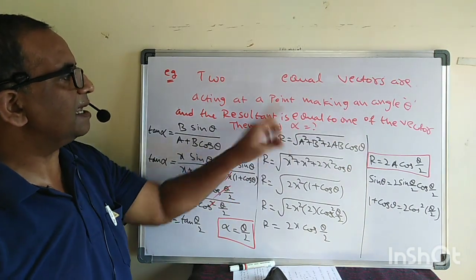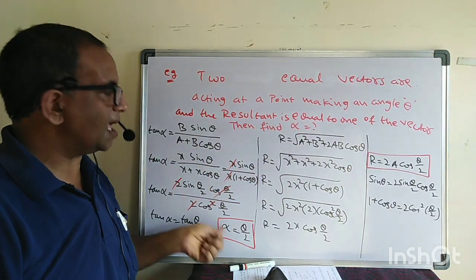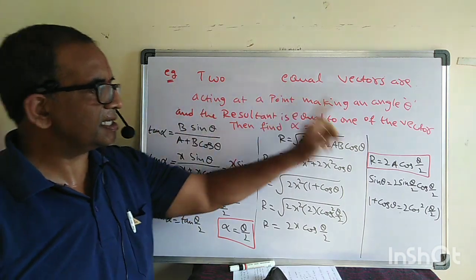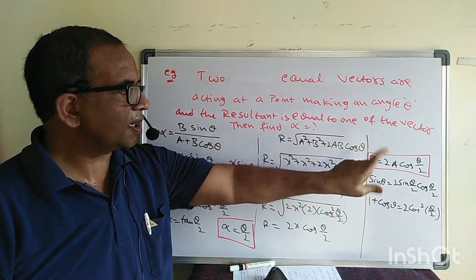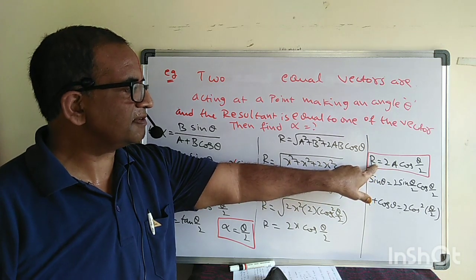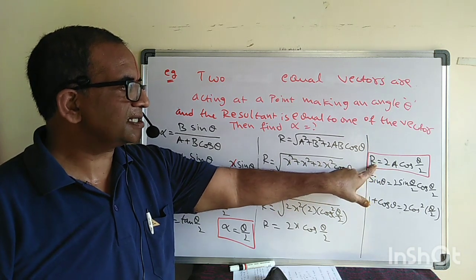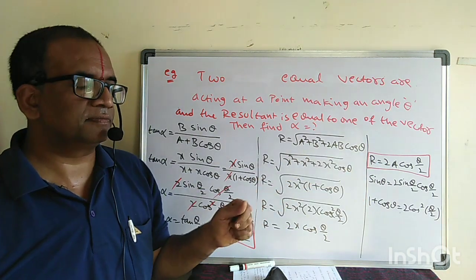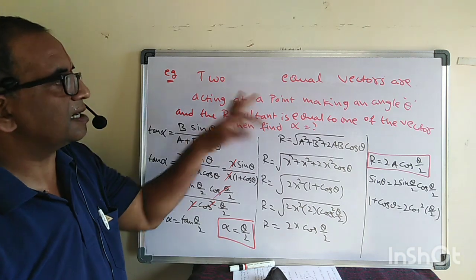Then find angle alpha. When two equal vectors are acting at a point, the resultant is R. But now the resultant R itself is equal to x, or the resultant is equal to a. That is the clue I gave here. Then you have to find what alpha is.